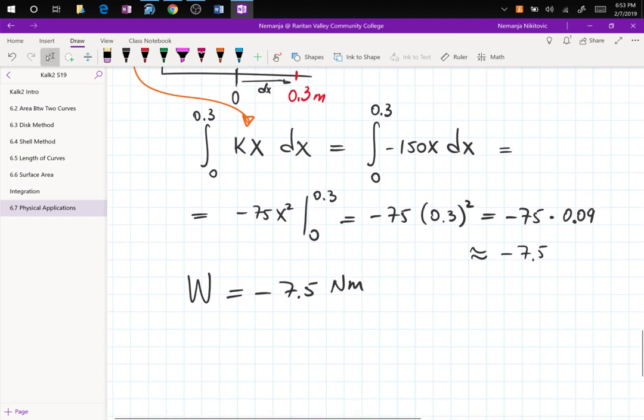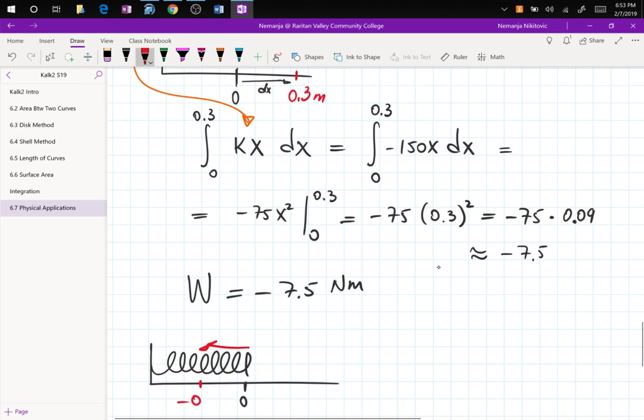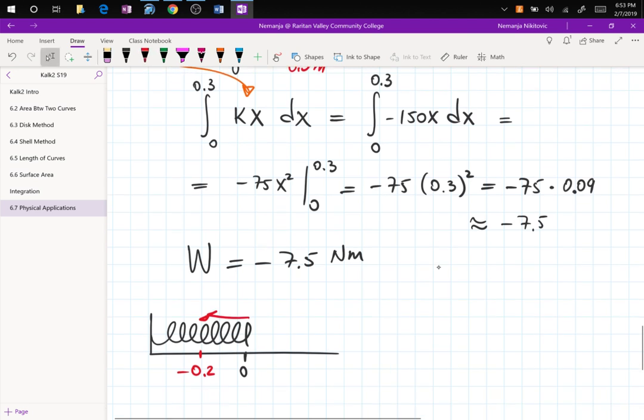How about if you compress the spring? So your spring was happy at 0, and then you came along and pushed it to negative 0.2. Same calculation. We just have to worry about the limits.